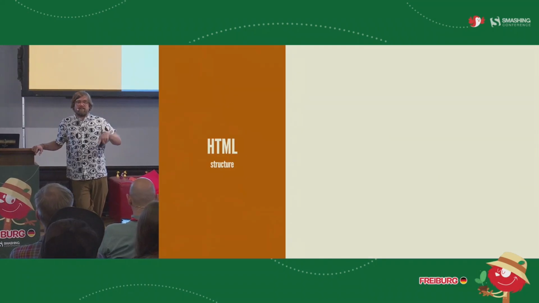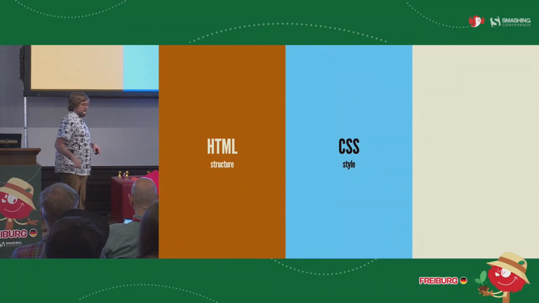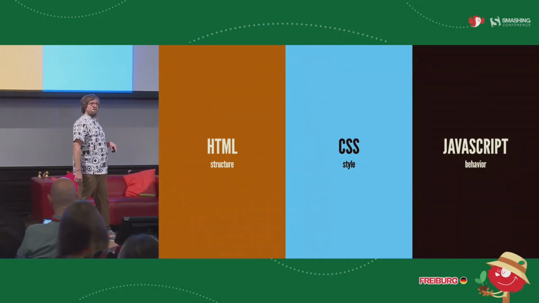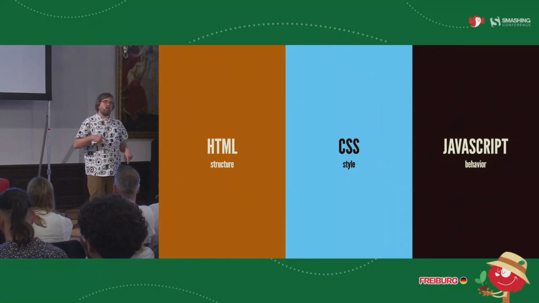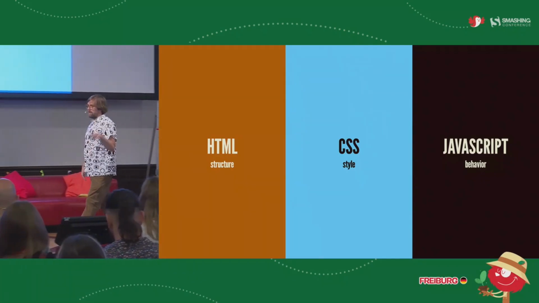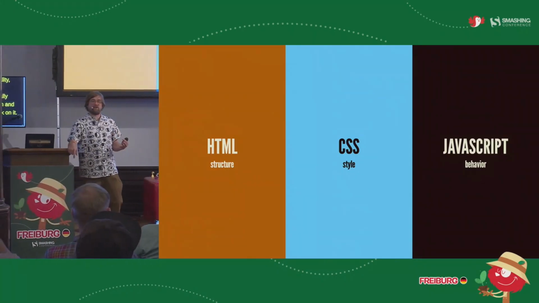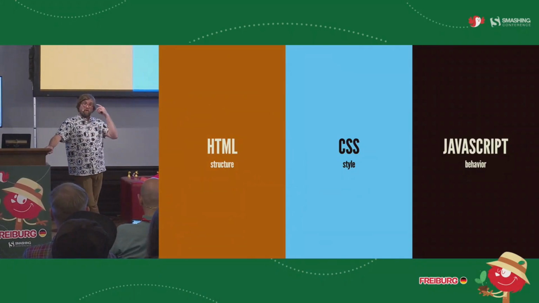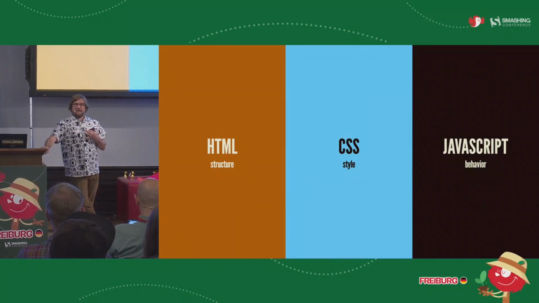HTML provides the semantics and the structure, CSS provides the style, and JavaScript controls the behavior and the functionality, right? It's the thing that's actually making the accordion open and close, right, when we click on it or switch tabs. So this idea of separation of concerns has been a part of the web for a long, long time. CSS Zen Garden is like the perfect example that really articulated this separation of concerns.